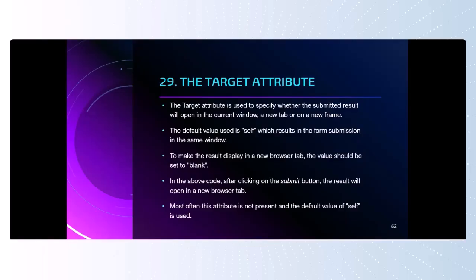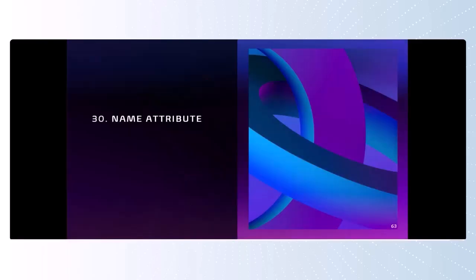The default value is self, which results in the form submission in the same window. To make the results display in a new browser tab, it should be set to blank. And I also don't have that code on here right now. Most often this attribute is not present and the default value of self is used.